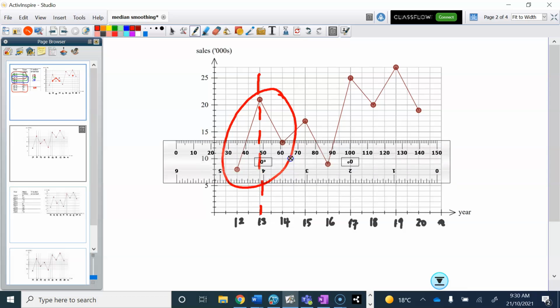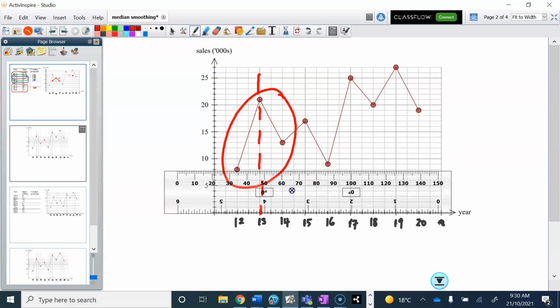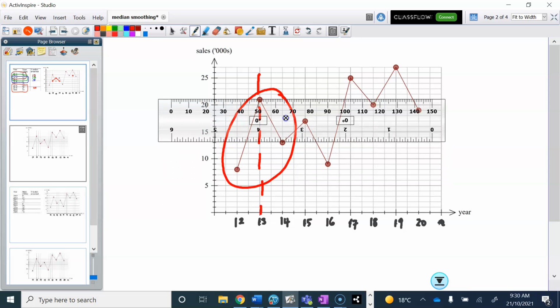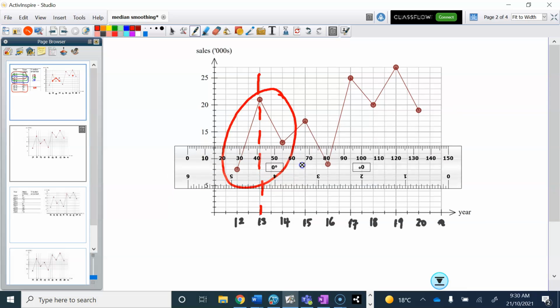If I run my ruler up the graph like this, I hit the point 1, 2, 3 as I move up the graph. So the middle Y value in this case lines up with that point.